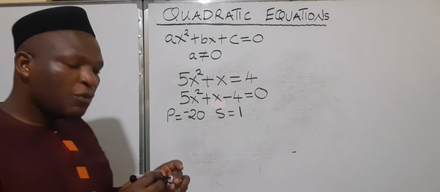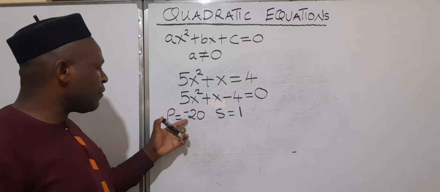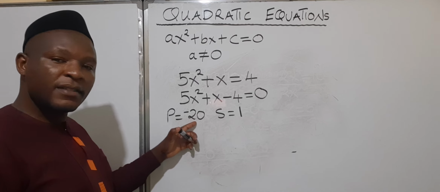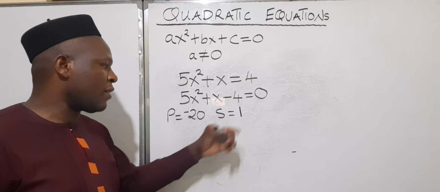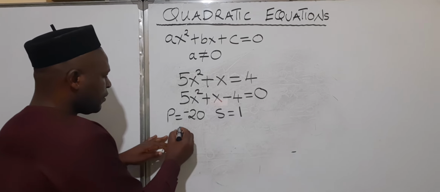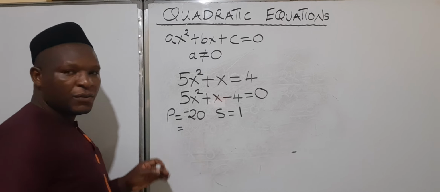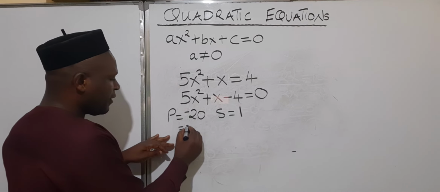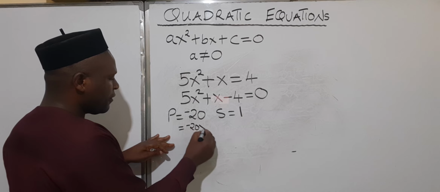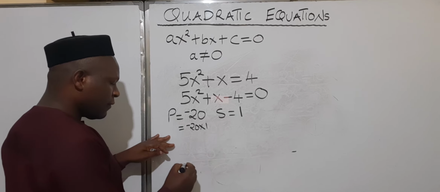Now, we need to get two factors that when we multiply, we get a negative 20, and the same factors when we add, we must get a positive 1 here. So, possible values for the product. You can multiply negative 20 by positive 1.